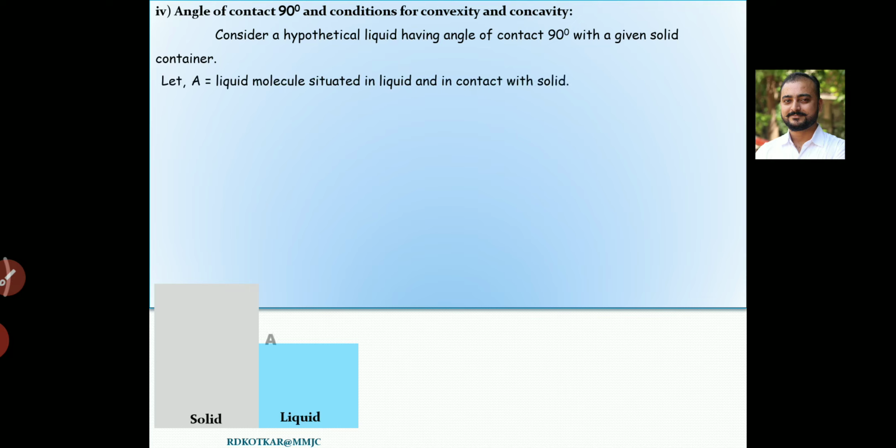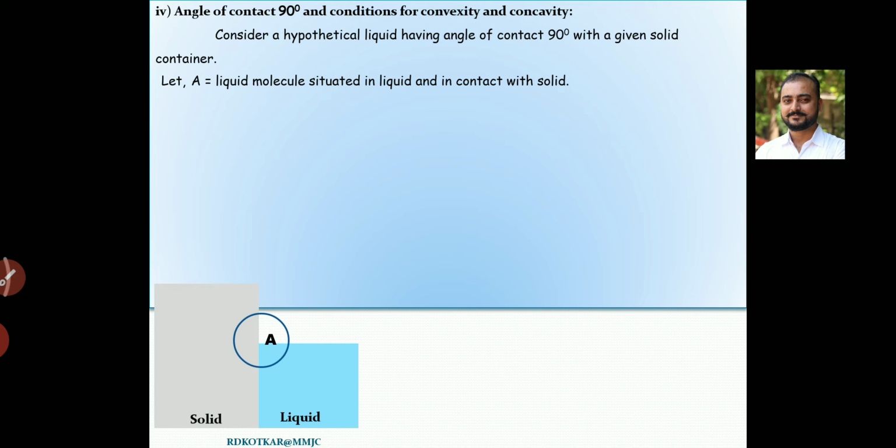Now we consider here A be the molecule of liquid which is situated inside the liquid but in contact with solid. And here we consider the sphere of influence around it. Okay, the sphere of influence is nothing but the imaginary sphere drawn with molecule A at its center and radius equal to the range of molecular force.